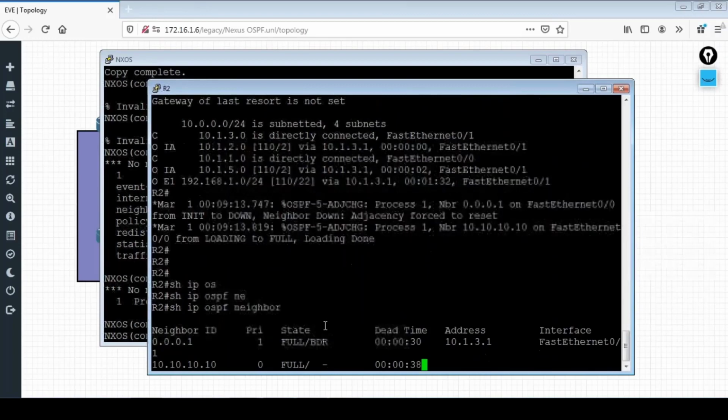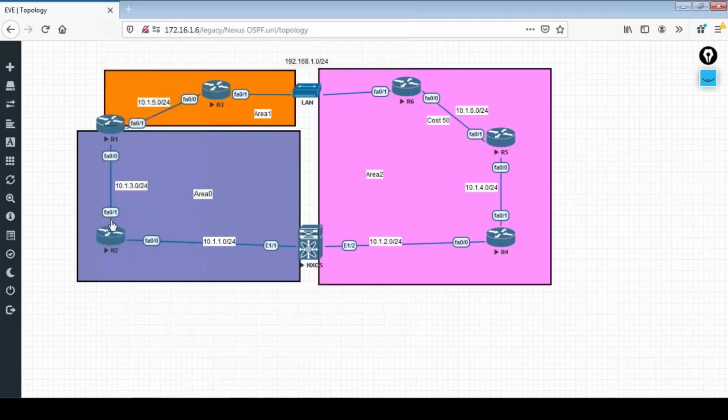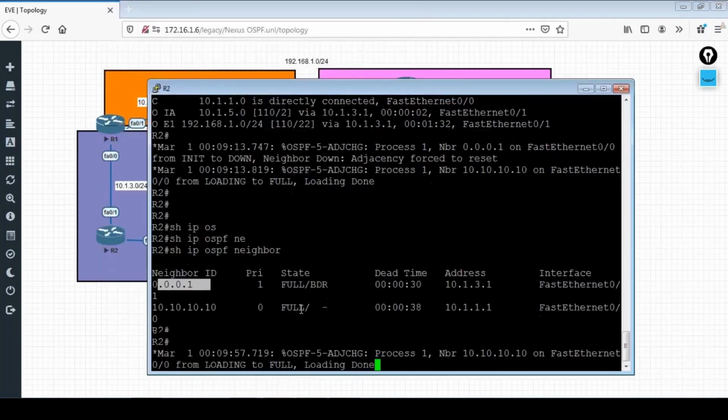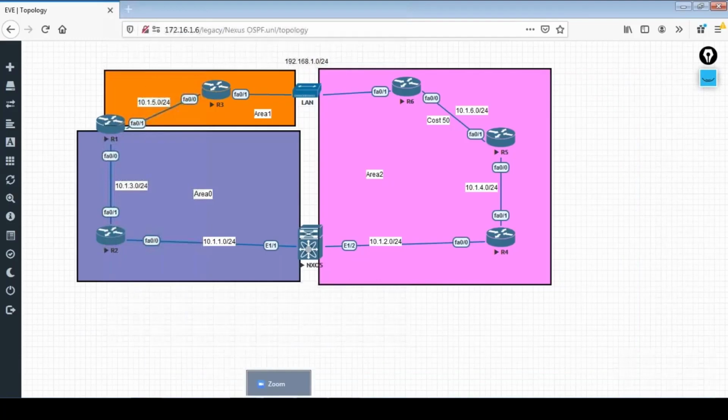Okay, now it has come back with 10. So one is this guy. All right, now I think it should be fine. It was a duplicate router ID causing the issue.